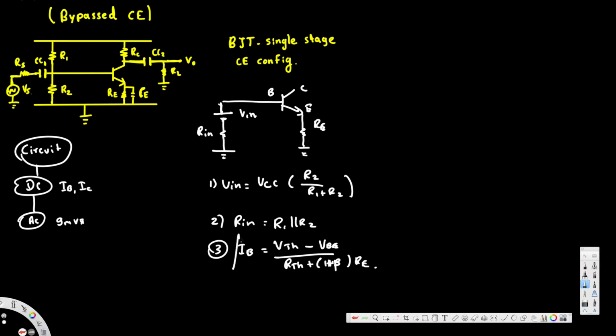Okay, this is the IB current. Now the next thing is we are going to calculate IC. IC is equal to beta times IB. Now here we calculated IB, and this is IC.